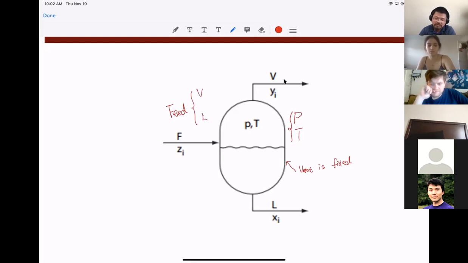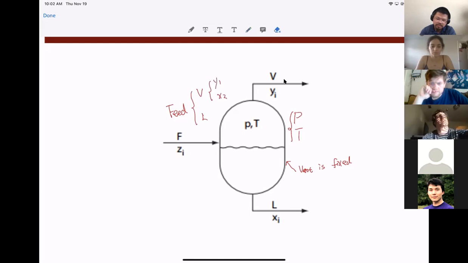And of course, for the vapor, using the binary system as an example, you're going to have X1 and X2. Oh, no, that's vapor. So this is Y1, Y2. For the liquid, you are going to have X1 and X2.